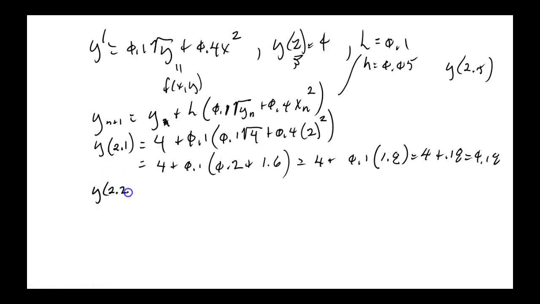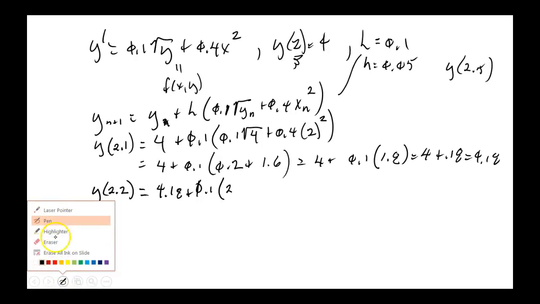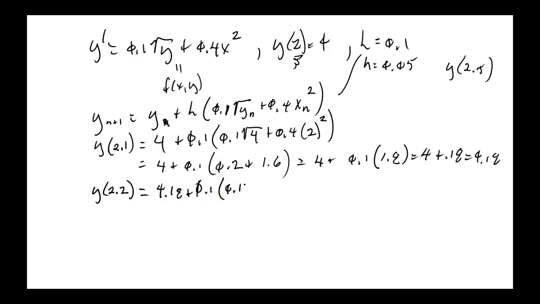Y at 2.2 is going to be 4.18, the last estimate, plus h, which is always 0.1, times 0.1 times the square root of 4.18, because that was our last y, plus 0.4 times 2.1 squared.